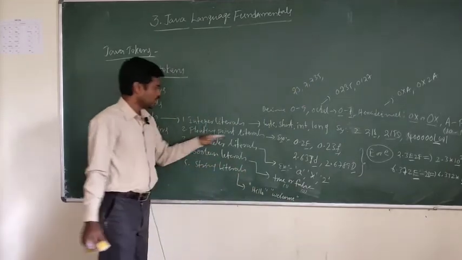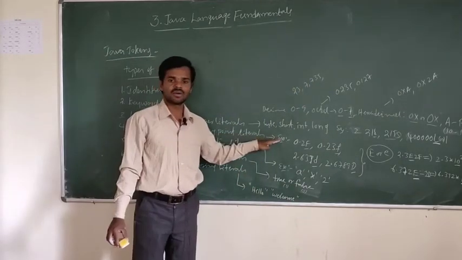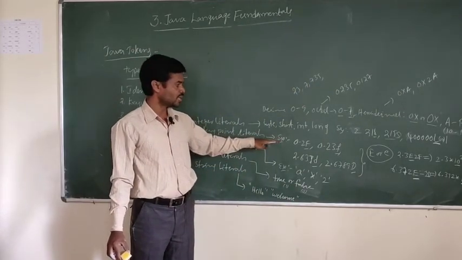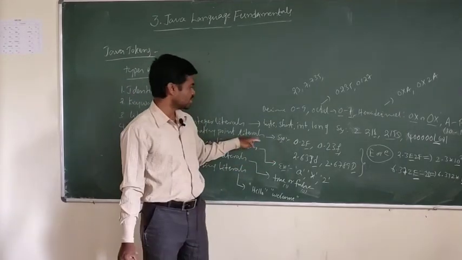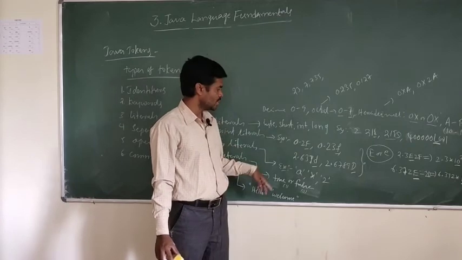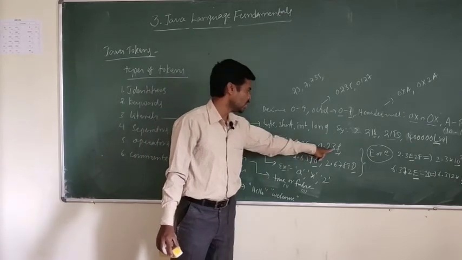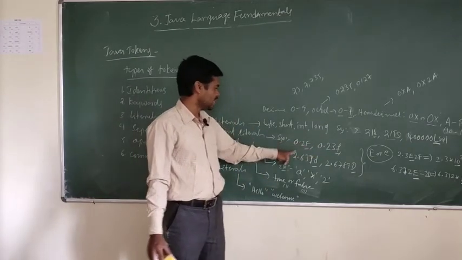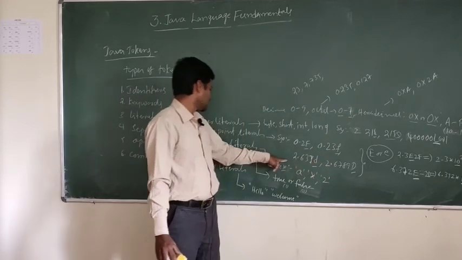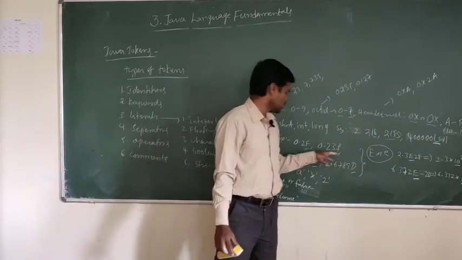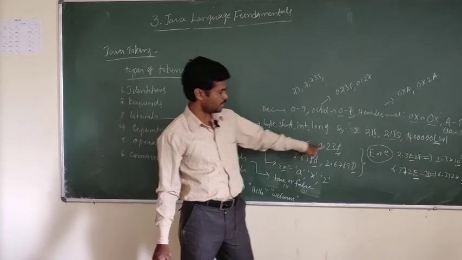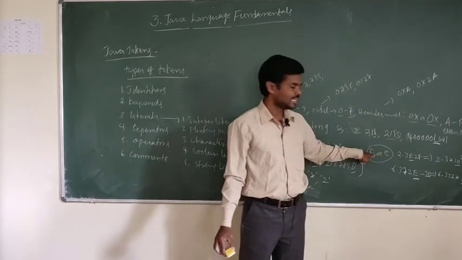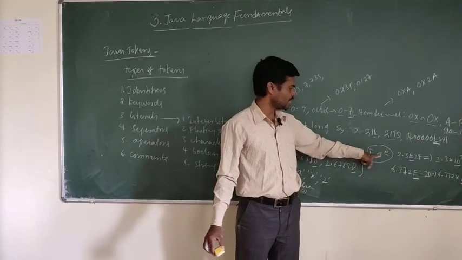Next, floating point literals. Floating point literals are fractional numbers that contain the decimal point. So floating point literals contain both float as well as double. I gave the floating point literals and the double literals here. And if the number is too long, too big, it can be represented by using the exponential e, capital E or small e.